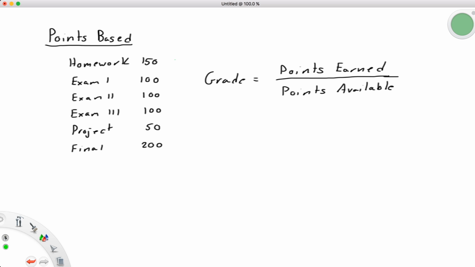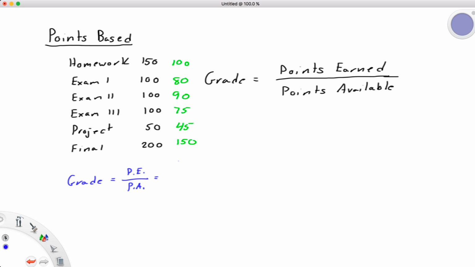So say if we earned 100 points of the homework, we got an 80 on the first exam, a 90 on the second, and a 75 on the third, and we got a 45 on the project, and maybe a 150 on the final. We could compute our total course grade by adding up all of those points that we've earned. So here our grade will be all of the points earned divided by the points available.